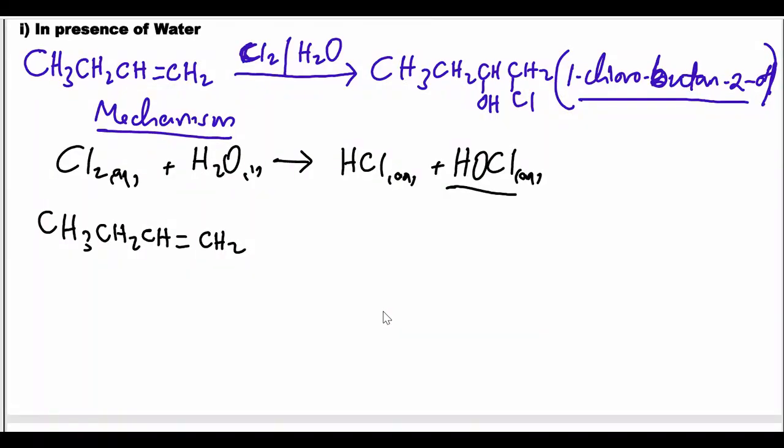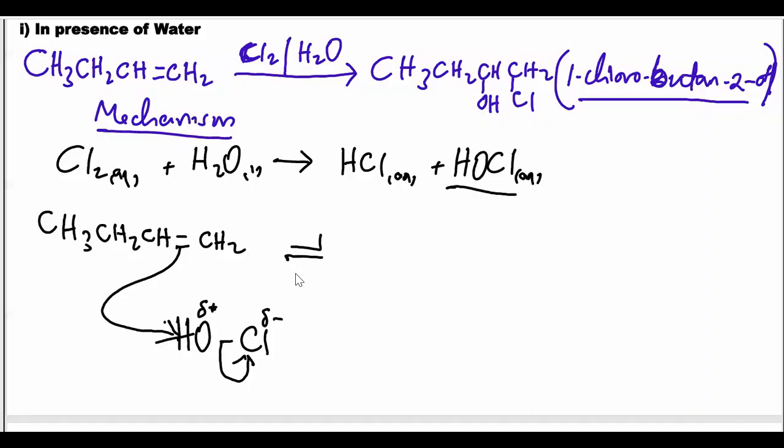So the double bond will give electrons to OH, then the Cl bond will break. Then what will be formed?